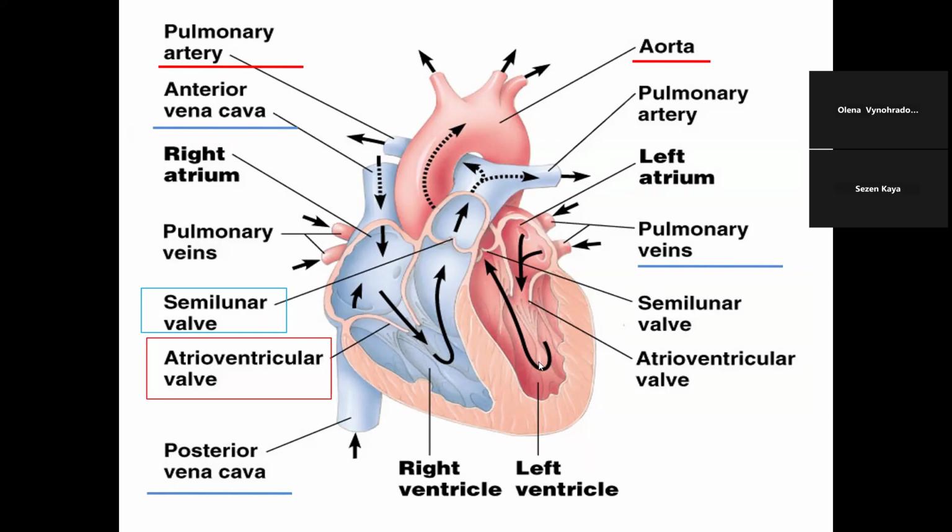Sometimes you can see in some textbooks that we can divide our heart into 2 parts, left heart and right heart. The left heart, you see here on the picture in red, because in the left part of our heart we always have arterial blood. It means blood with oxygen.